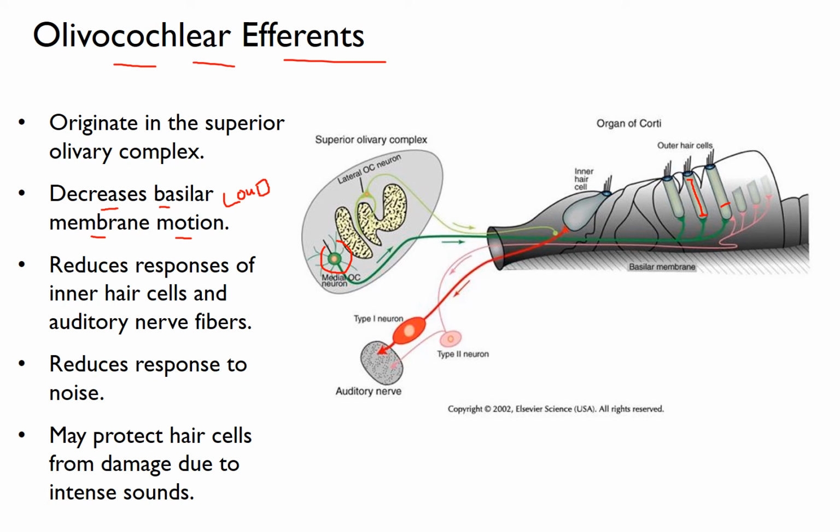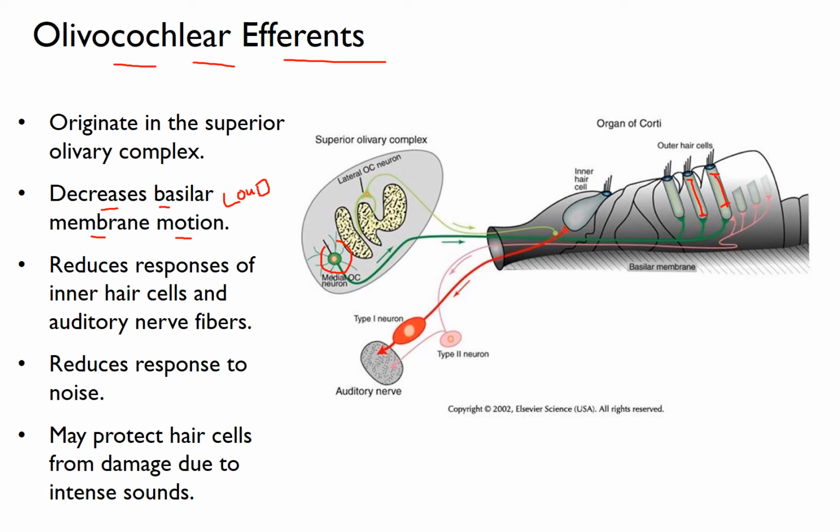But here, this is serving to dampen the motion, essentially freezing these hair cell contractile properties, if you will, and keeping the basilar membrane stiff and unmoving. That serves a purpose to help dampen very loud, very dangerous sound waves that might be coming in that would otherwise harm those delicate hair cells.